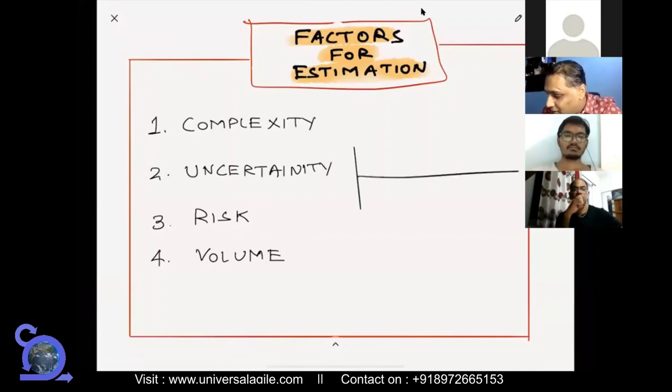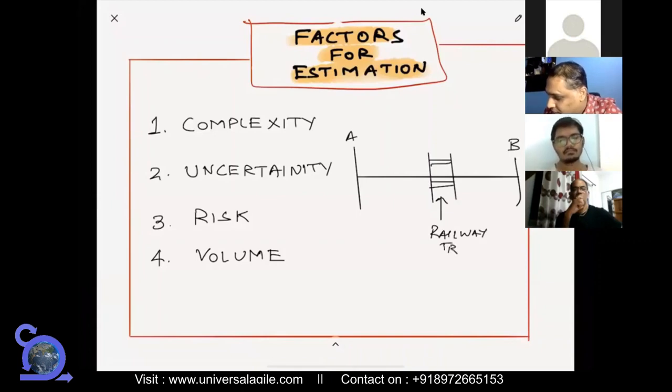So let's say this is point A and this is point B. Okay. Now, in between point A and point B, let's say there is this railway track. All right. Okay.